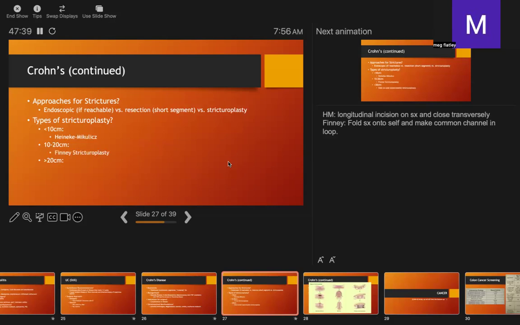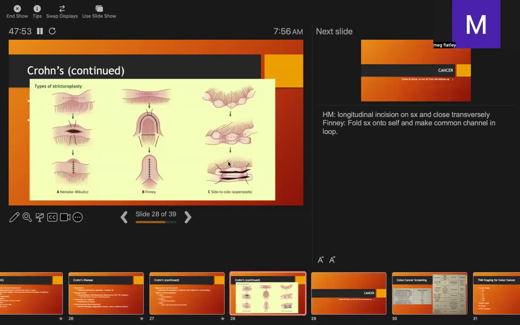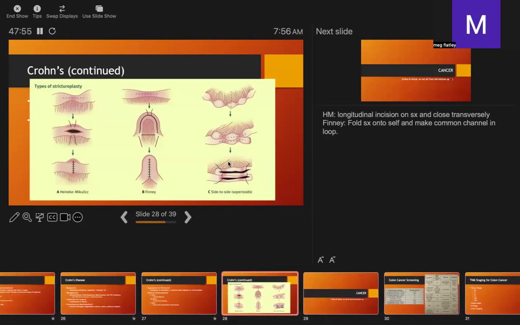It's very similar. You make a longitudinal incision as well and you fold it onto itself. I have a picture next. And then what about greater than 20 centimeters? Yeah, it's a side-to-side isoperistaltic strictureplasty. All right, so here we go. Heineke-Mikulicz, right? You make an incision across and then you close it transversely. So a horizontal incision across the stricture.